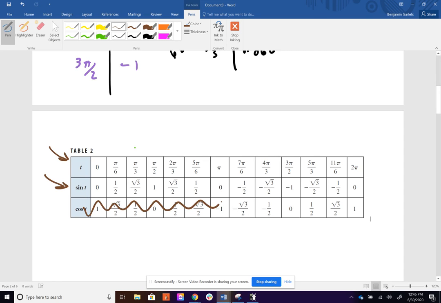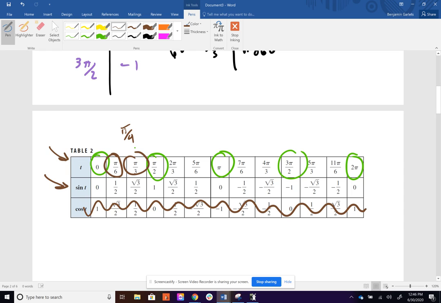We don't need to really talk about cosine just yet, but you can revisit that. And so what we did together is we started out by doing these values. And then we went back and we did these values. We also did pi over 4, which isn't included in this table. But then you can see in the slide these other values and how they help create the sine curve.